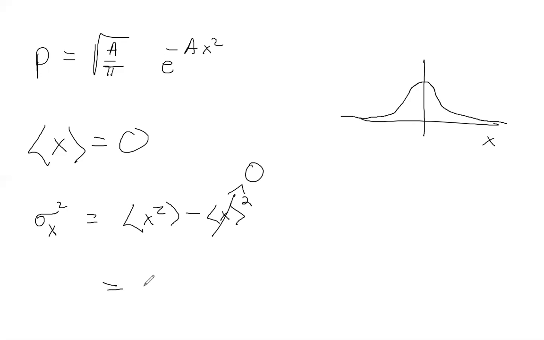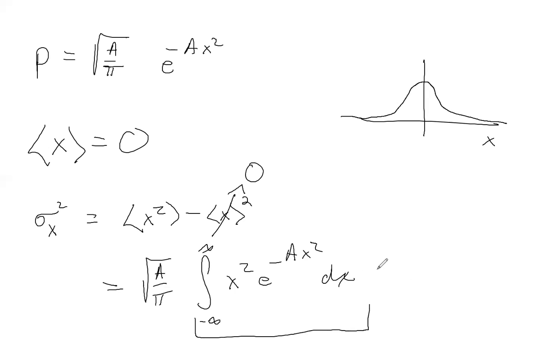That would be the square root of a over pi times the integral of x squared e to the minus a x squared dx from minus infinity to infinity. Now this integral is hard. In fact, I know of no honest way to do it. Maybe there is one, but I don't know it.